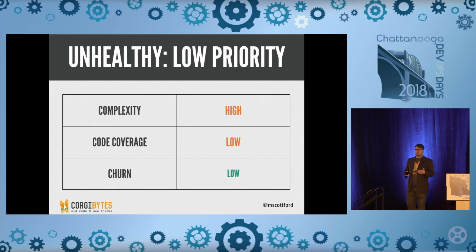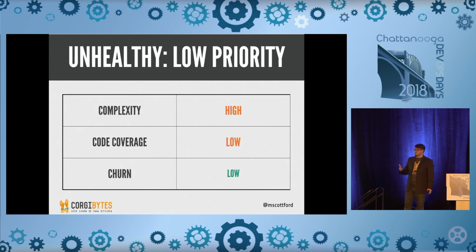One of the conclusions you can draw from Lehman's laws is that any software system that's used is going to have strong pressure on it to change. So the only software systems that aren't going to need to change are the ones that aren't being used anymore. So in this scenario, if churn across the entire code base is low, but these other metrics are high, then perhaps this isn't a system that's worth working on.